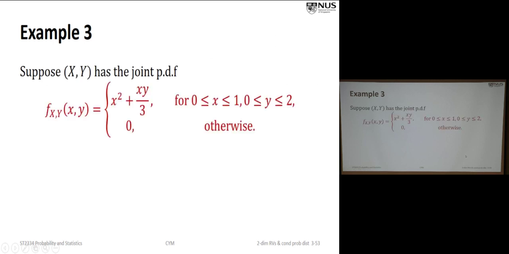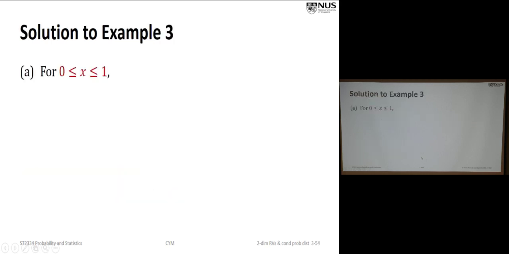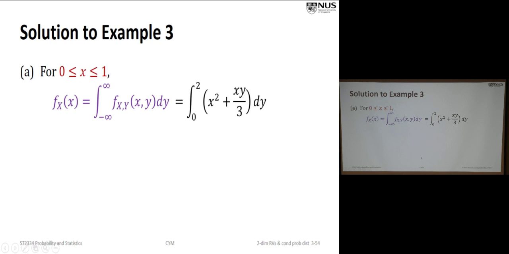All right, so here is another example, but this time it is continuous. This is the same, we have done it before. Find the marginal and then find the conditional. So to find the marginal, I have to specify this.